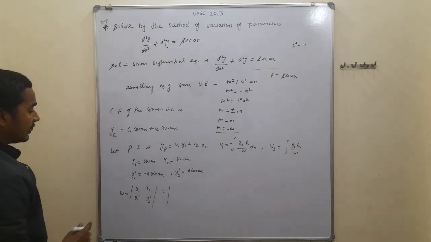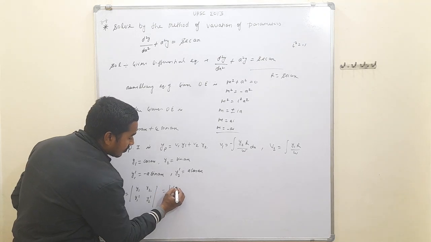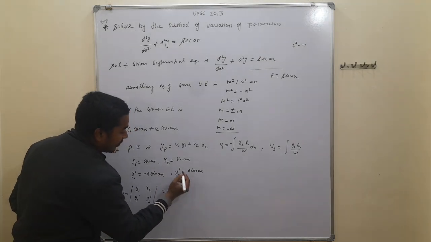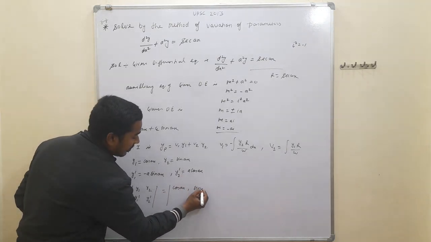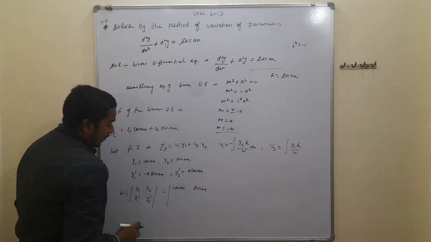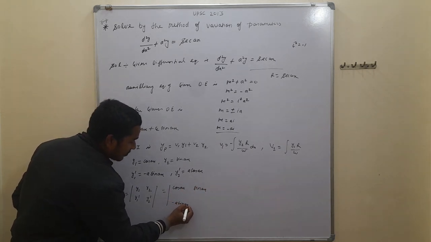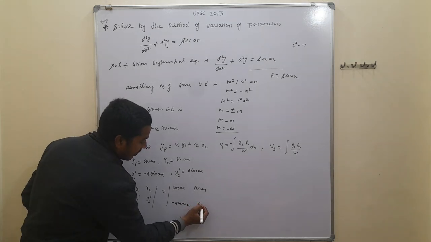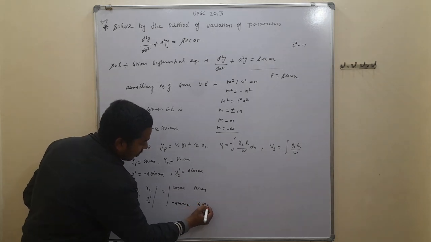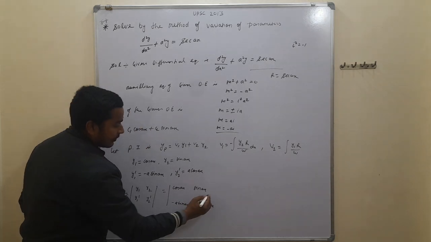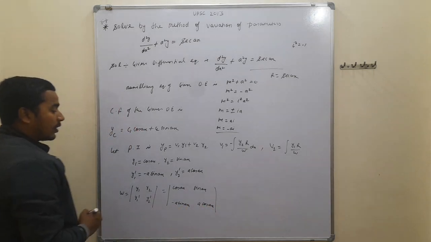The value of y1 is cos ax and y2 is sin ax, y1 dash is -a sin ax, and y2 dash is a cos ax. Further we have to solve the determinant.